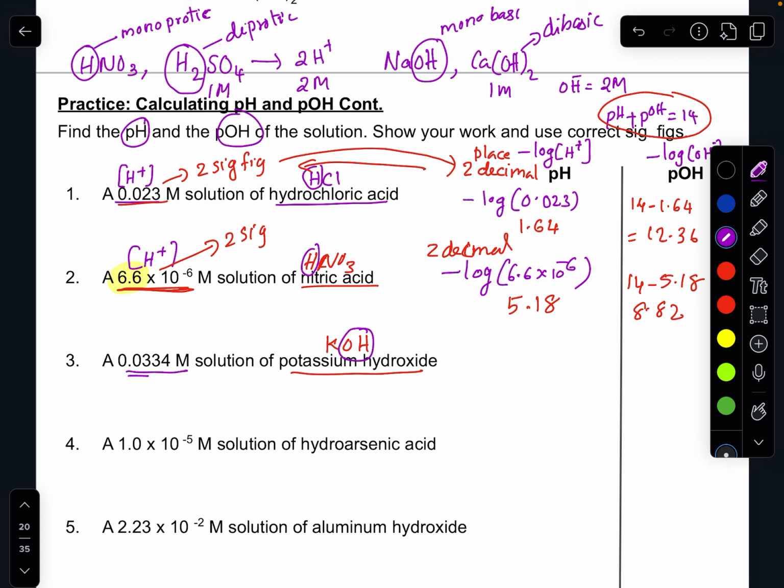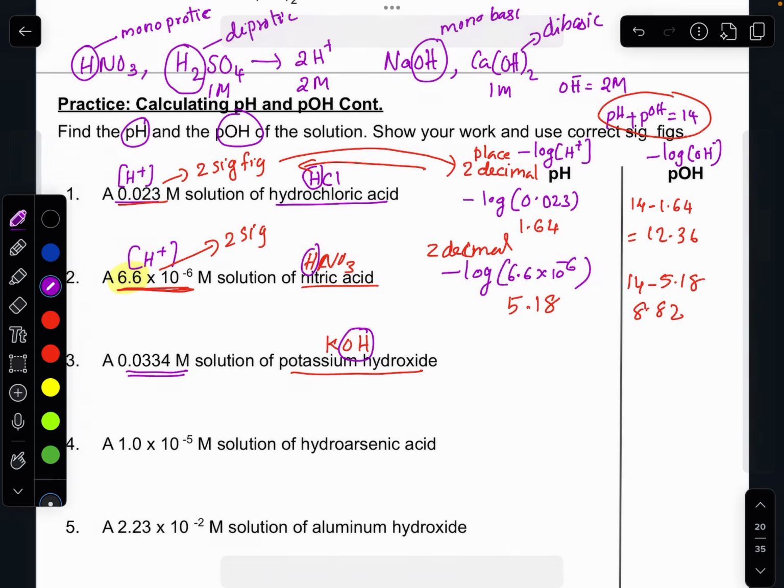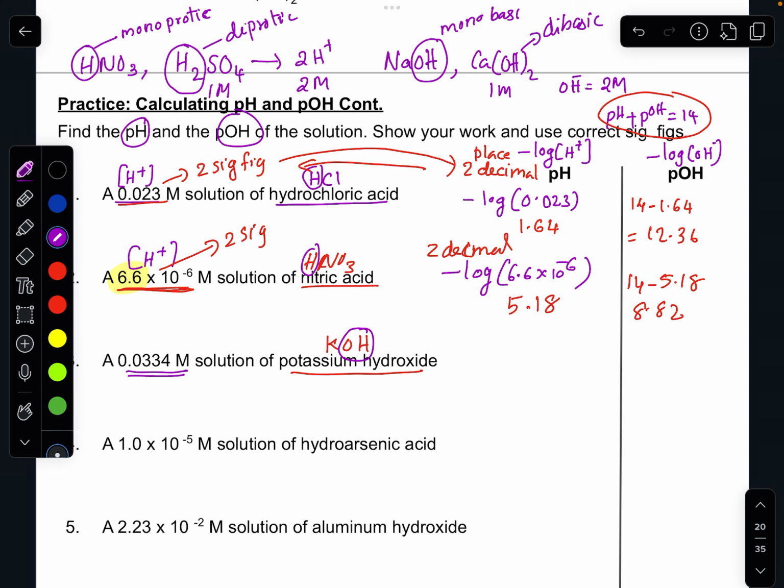that means this is the concentration. So we are going to write negative log of, this time since it is a base, you are going to find the pOH first. So you're going to plug that onto your calculator, 0.334.